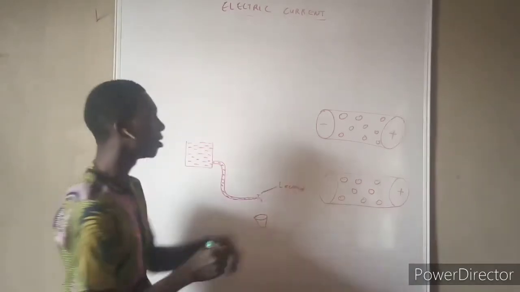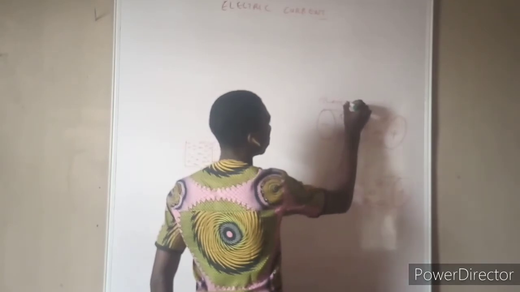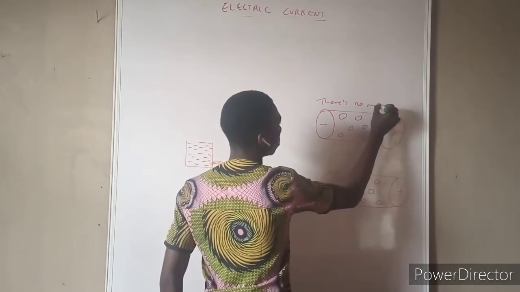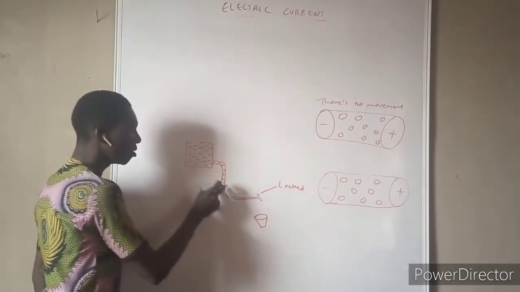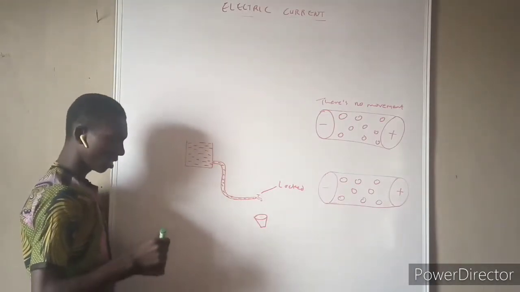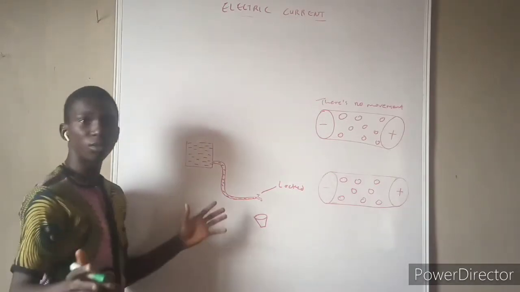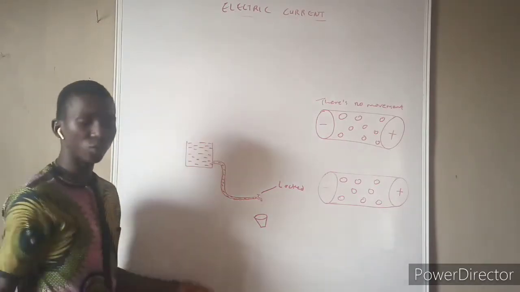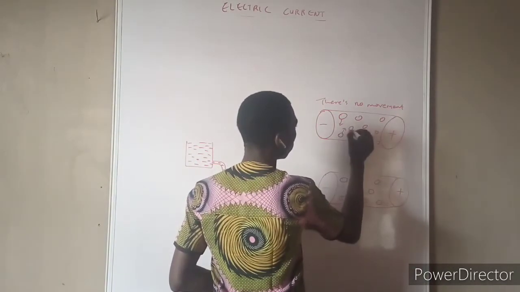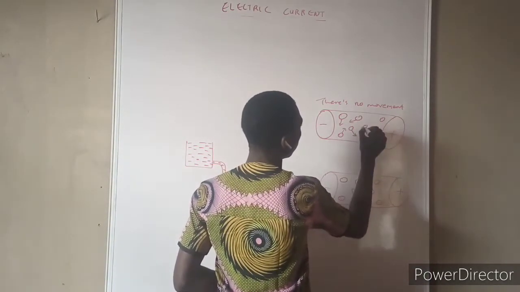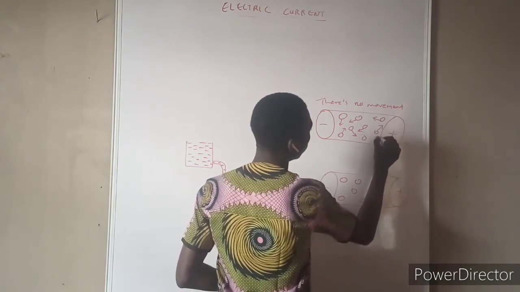Now, this is when there is no movement. So once there is no movement, all these water molecules move in a haphazard motion, in the sense that they move anyhow, they collide with each other, moving whichever direction they choose to move.